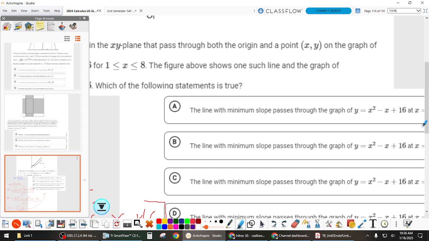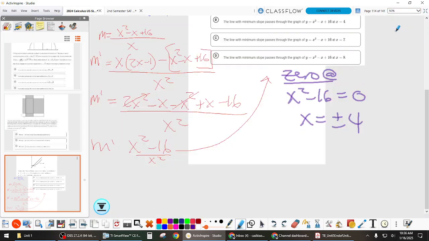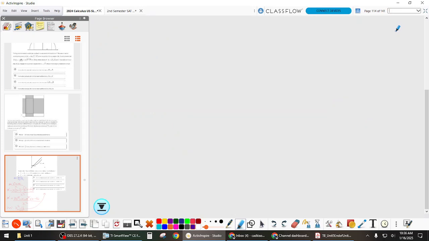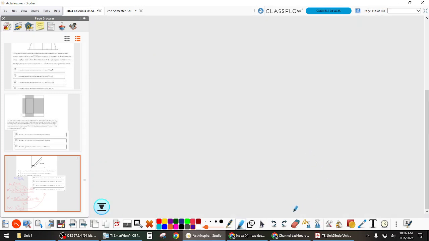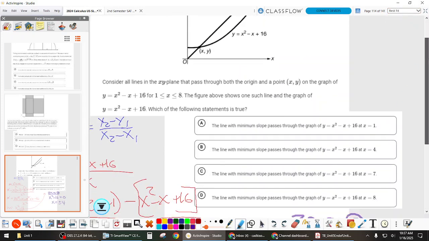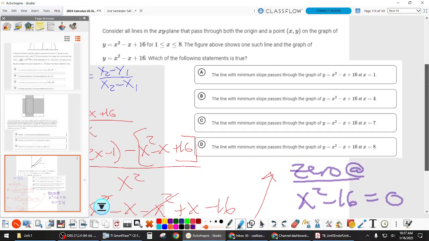I'm going to type in a number and see if that works. I've never had this happen. So all that's just so we can see the answer choices.